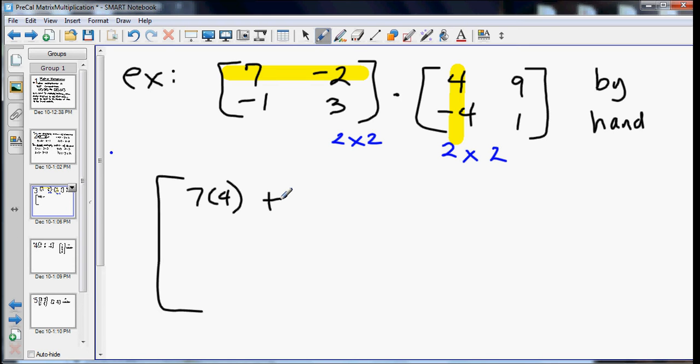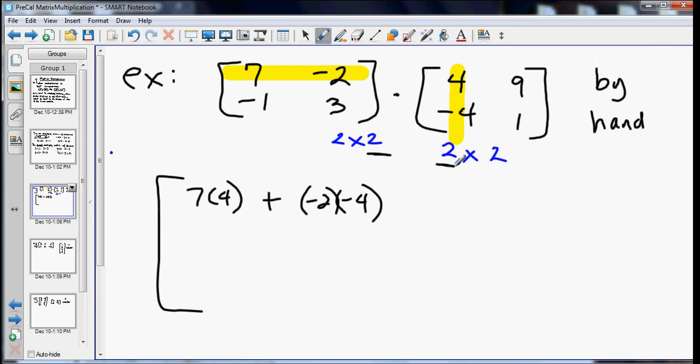That's how we'd get the first term in our matrix. That's why we have to make sure these two numbers line up, because otherwise when you try to do this row by this column, it won't match up. You'd have different numbers. Like if you had 3 in this row and 2 in this column, they wouldn't line up when you try to multiply them.